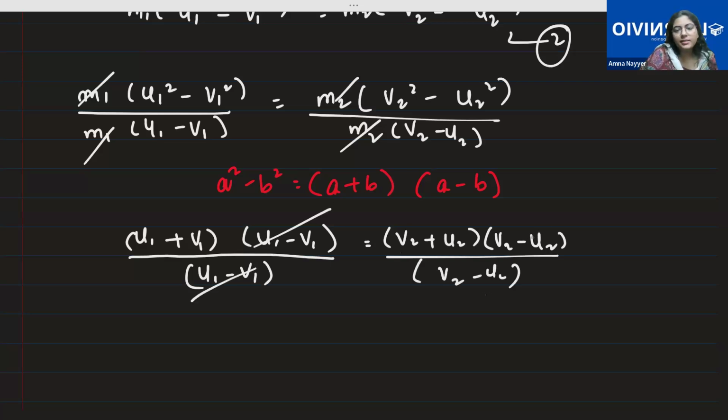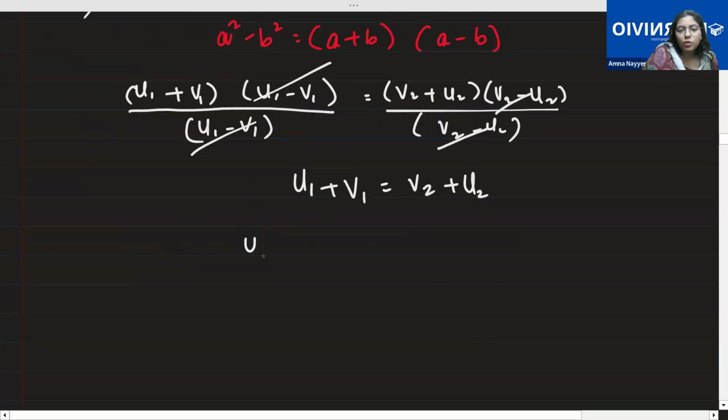So this will be cancelled here and this will be cancelled. Look, u1 plus v1 is equal to v2 plus u2. It means u1 minus u2 is equal to v2 minus v1.